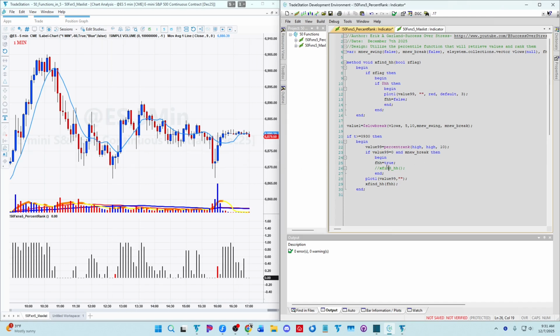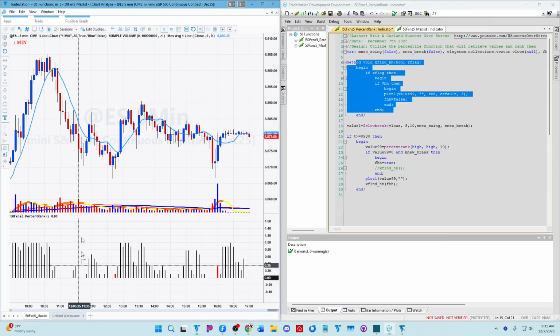Okay, so once you have that function assigned to a value, now you can do some creative things with it. One thing that I did this morning was I just said, all right, if we have a low high, the lowest high amongst the highs of the data series, and we have a break of a swing low, then we want to stick a flag to look for the next higher high. And that's what we have here.